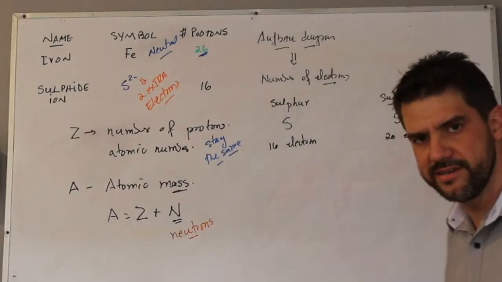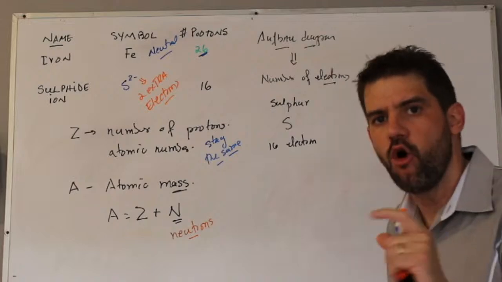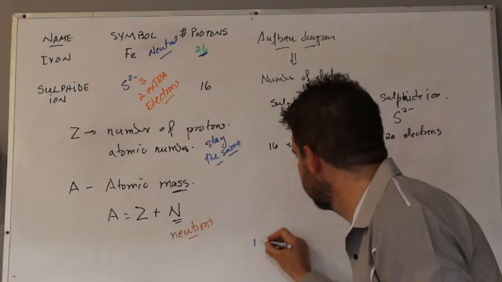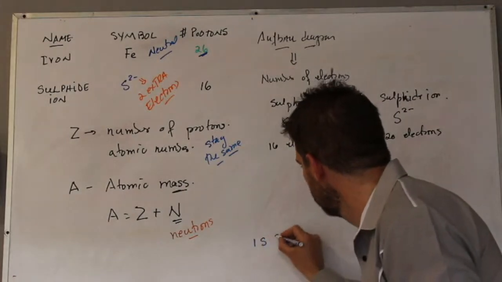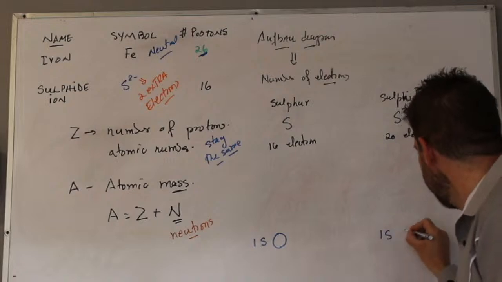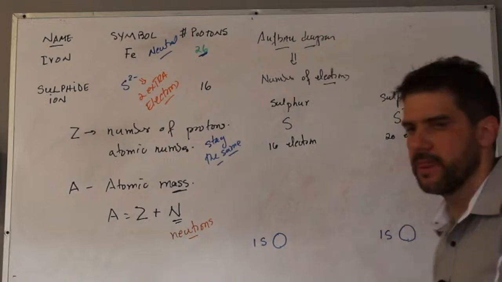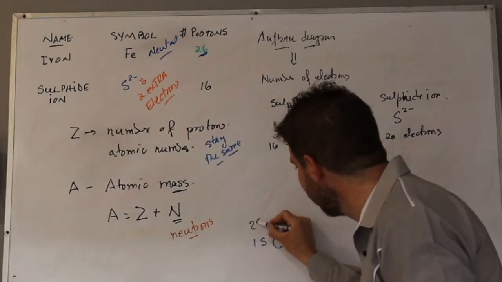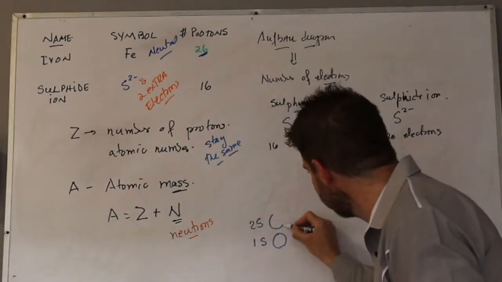You always start with energy level 1, orbital s. 1s, you draw 1 circle. Then comes energy level 2, orbital s, so it's another circle.